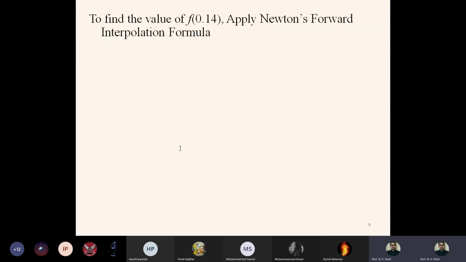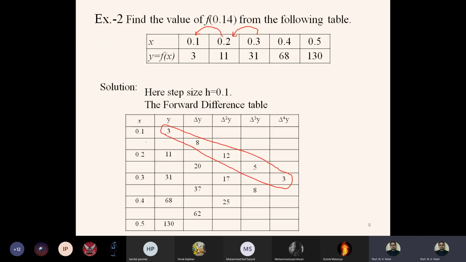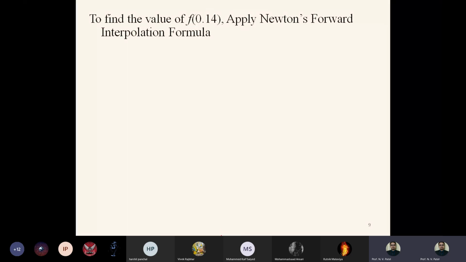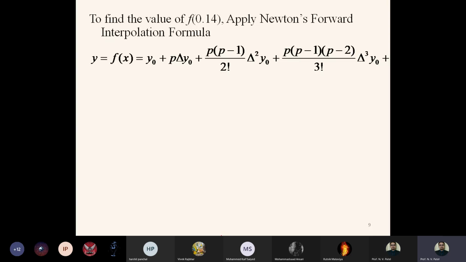Now to find our value of f of 0.14, we use Newton's forward interpolation, because our x is 0.14, which lies at the beginning of our table. So if it is at the starting of our table, we apply Newton's forward interpolation.